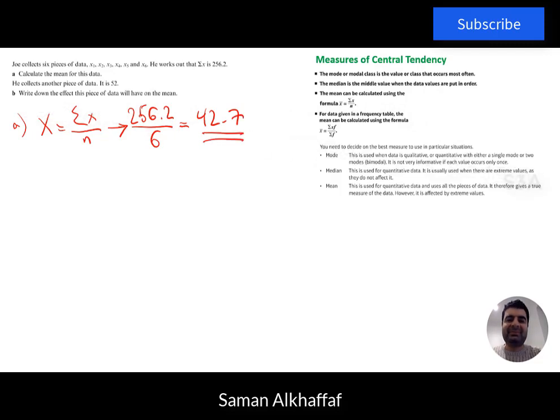And for part B, we are told that we need to write down the effect this piece of data will have on the mean. We're told that he collects another piece of data, and it says 52.